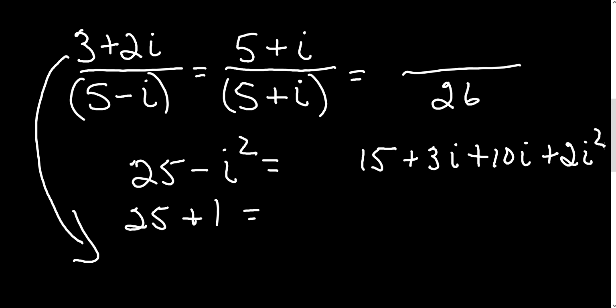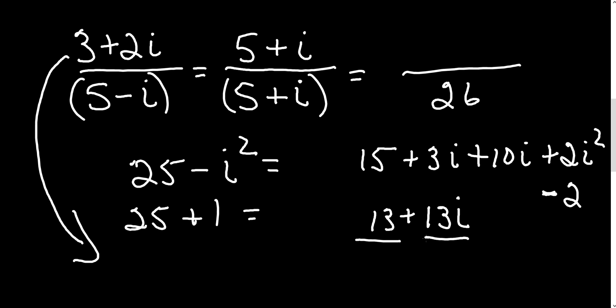But i squared was negative 1, so this last part is going to change to minus 2. Negative 1 times 2 is negative 2. Combining my like terms, I got 13 plus 13i.